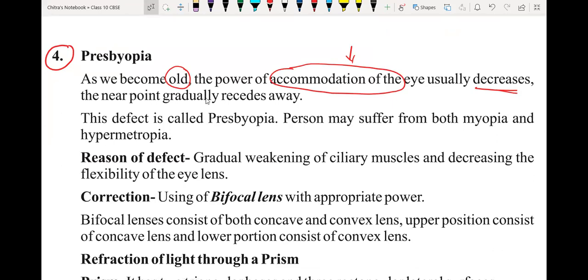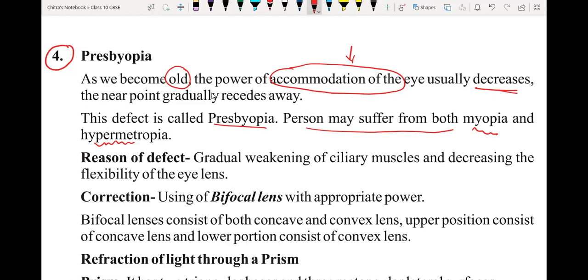So in this defect, a person cannot see nearby objects as well as distant objects clearly. This means the person may suffer from both myopia as well as hypermetropia.